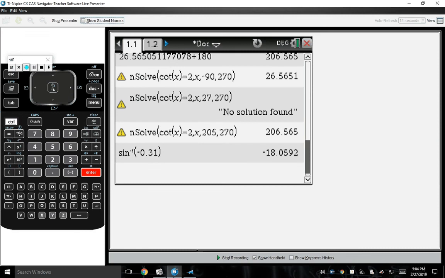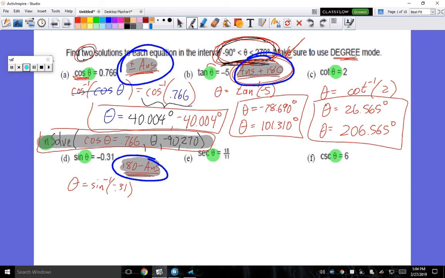Alright, so we know that's one answer, negative 18.059 degrees. And we know it's going to be 180 minus whatever it is that we got. So if we're subtracting this negative, it's really going to be adding.